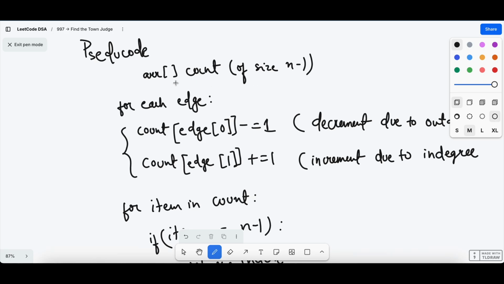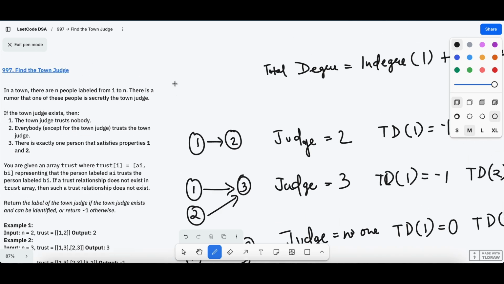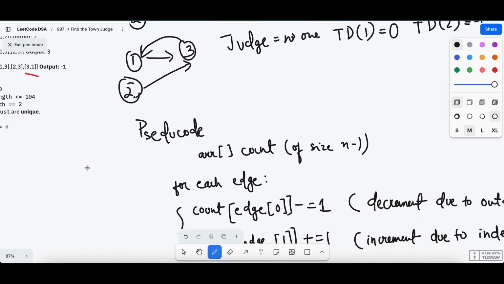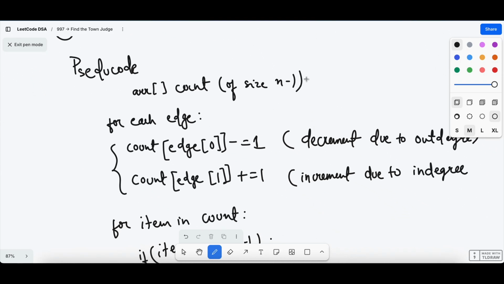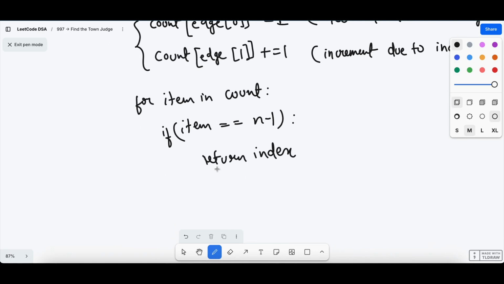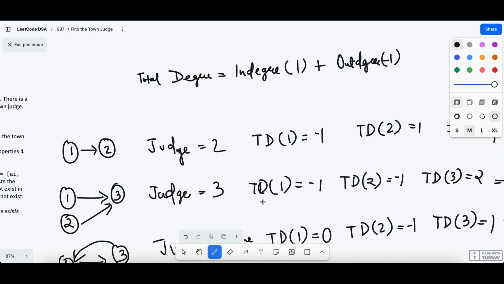Because 0 is not included, n should equal 1. So the size is n minus 1, and we can return the index, or if there is no judge, return -1. That means no judge, right?